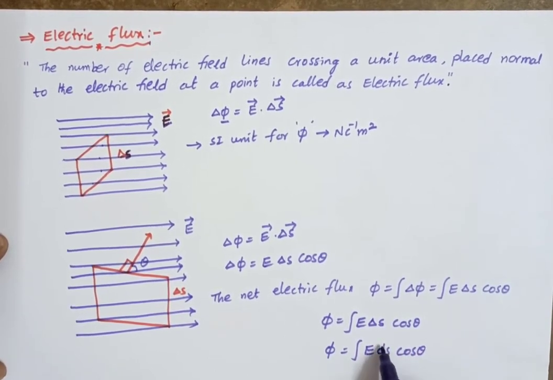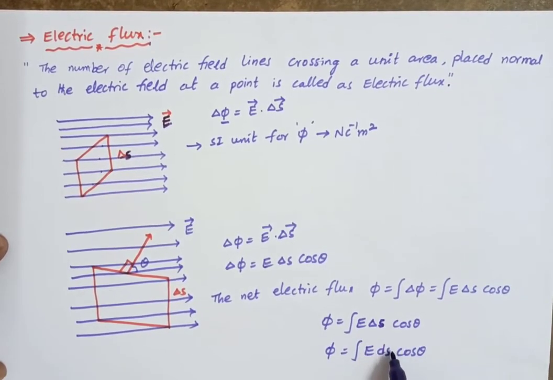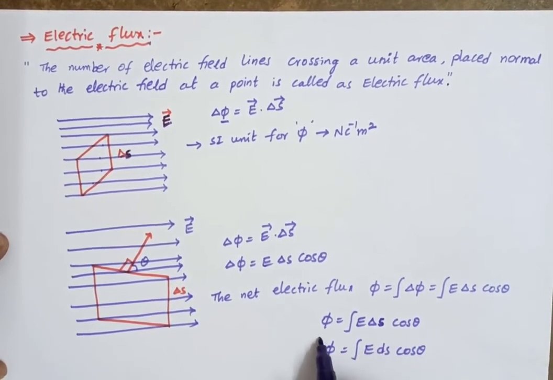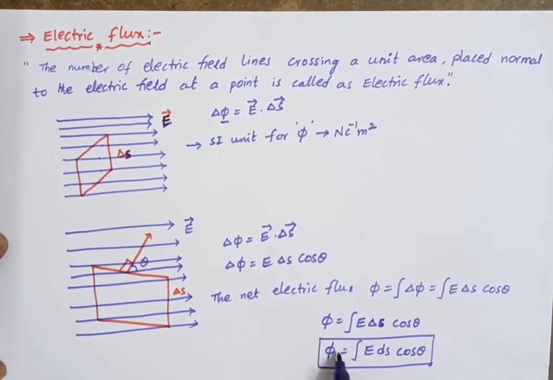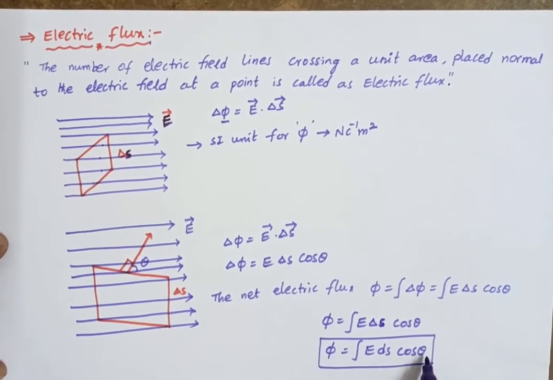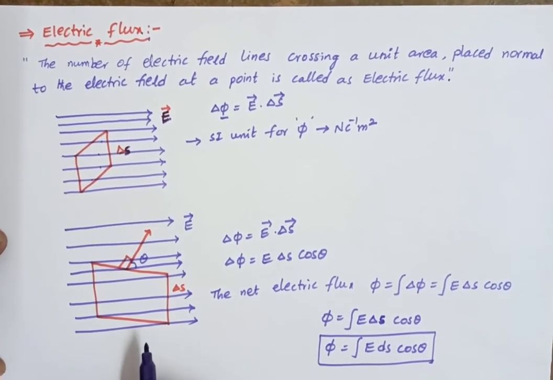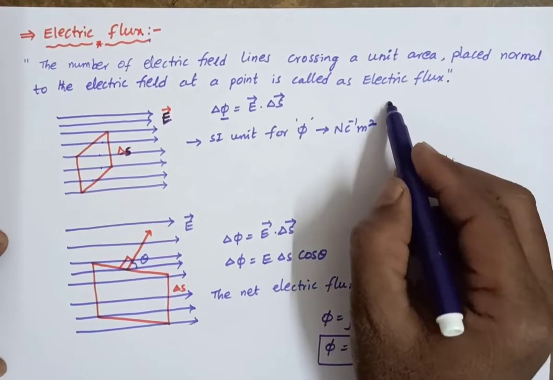Here dS is a very small change of area. So phi equals integration of E dS cos theta. This is about electric flux.